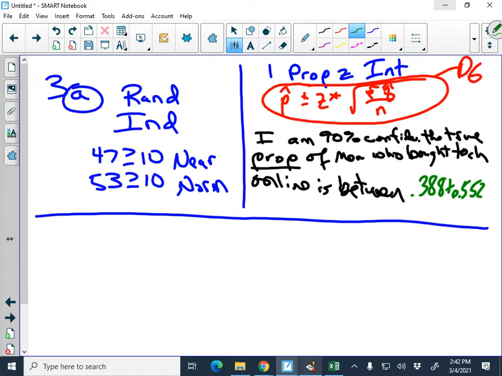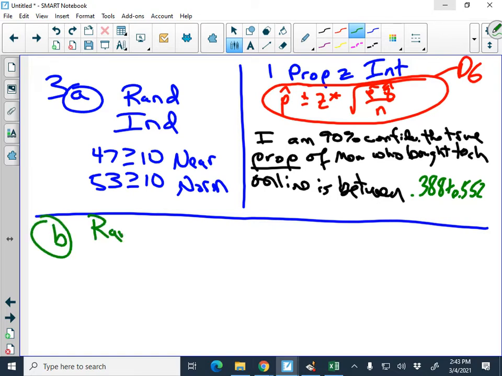We're creating an interval. We're not even being asked to answer a question. I could ask a question and say, is it possible that 50% of the men had bought tech online? Is that possible? Yeah, it's in the interval. Is it possible that 70% have bought tech online? No, it's not in the interval. It's not a possibility.